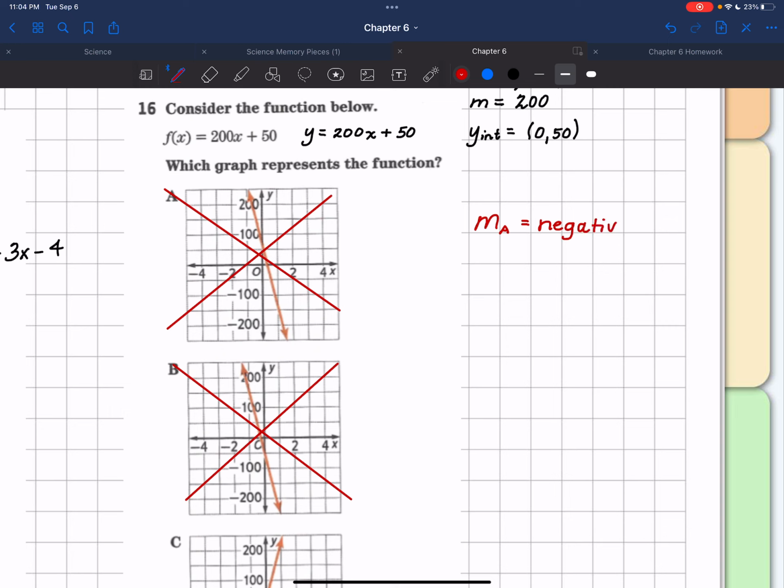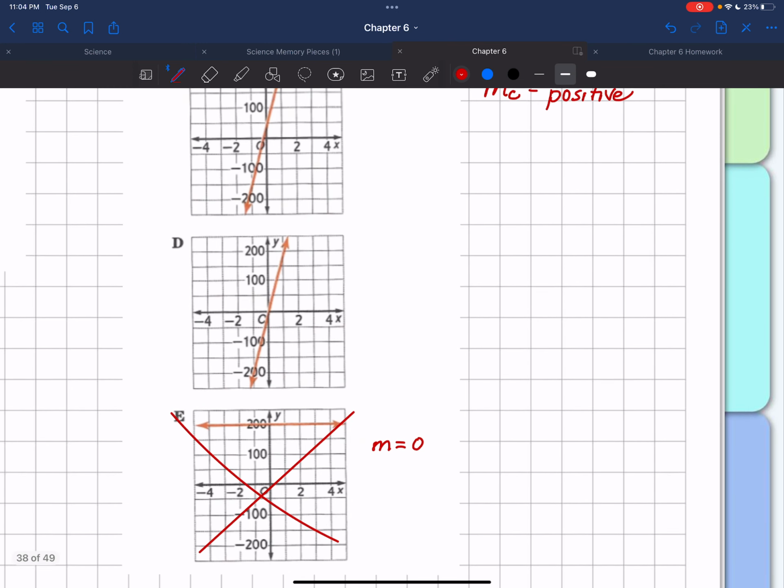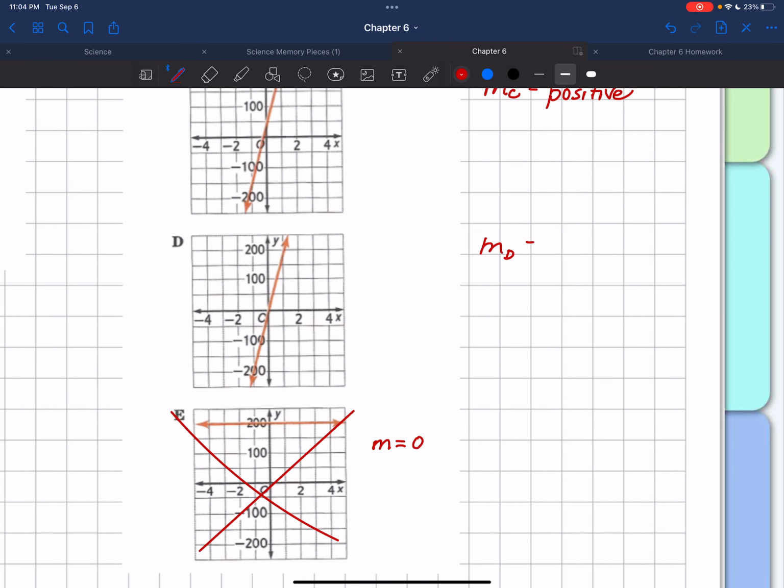So it's out. We're looking for positive. The slope of B is negative. It's out. The slope of C is positive. The slope of D is positive, and the slope of E is 0.